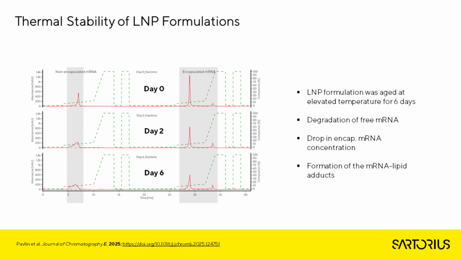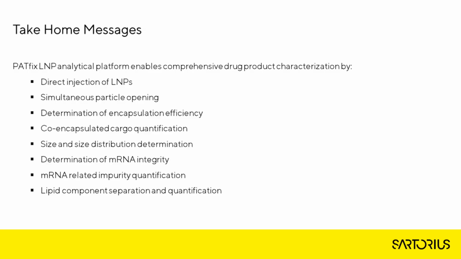Again, very strong degradation is observed in non-encapsulated mRNA. The amount of encapsulated mRNA is even lower than after day 2, and the amount of adducts stays the same. So this is another example of how this method or this system can be used, for example, for thermal stability assessment of your LNP formulations.